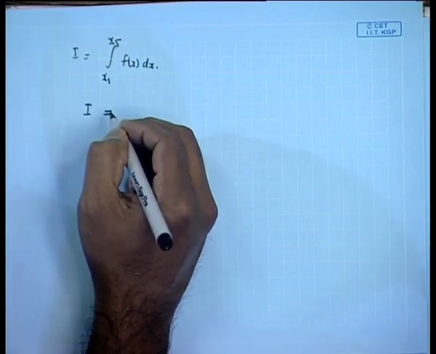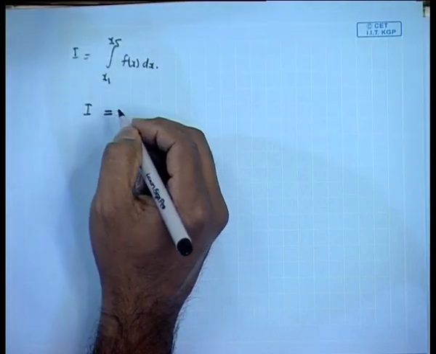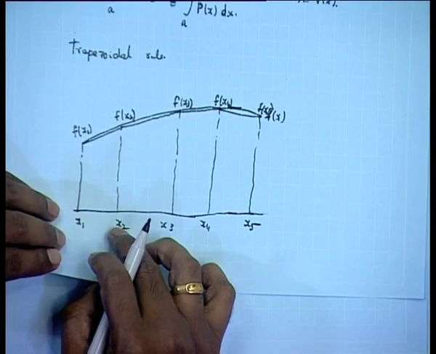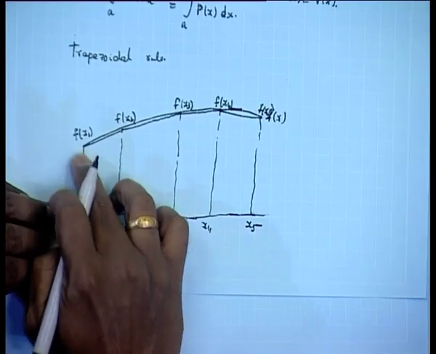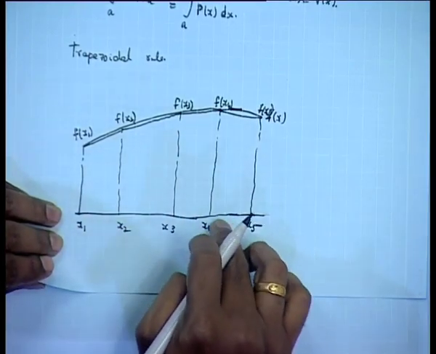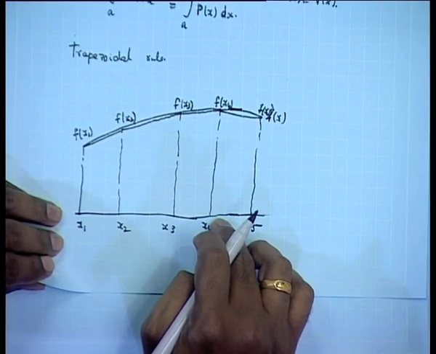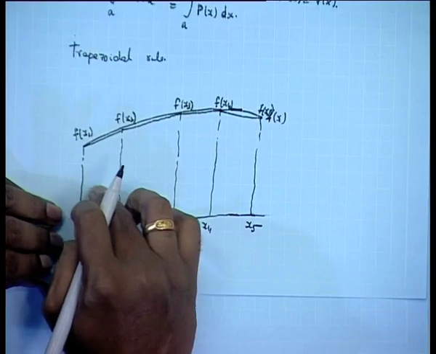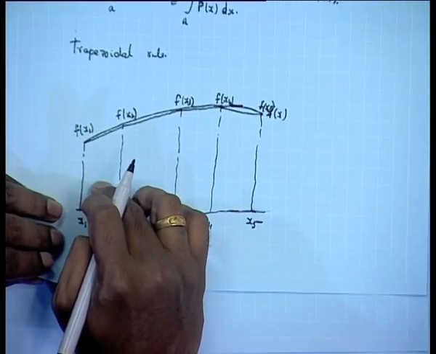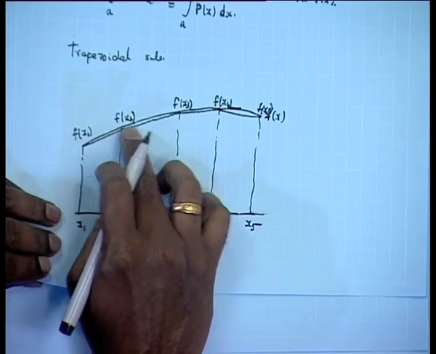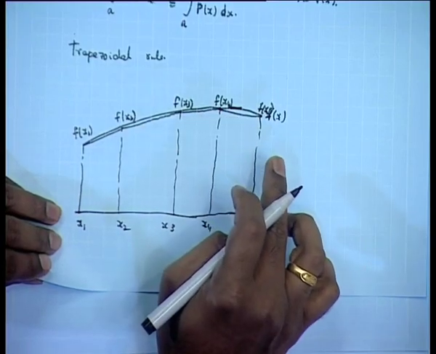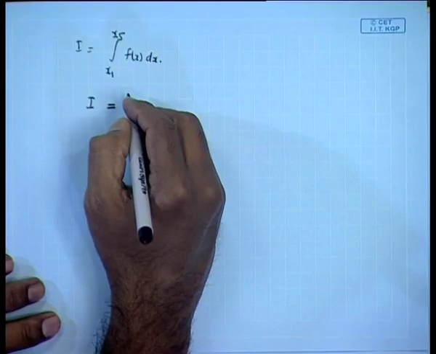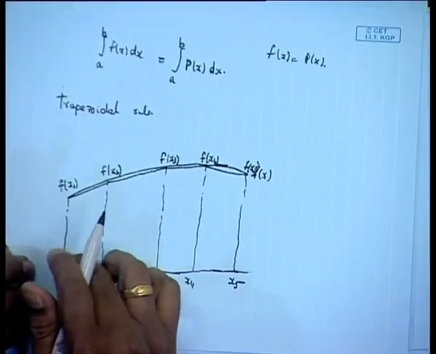We know that the integral is always given by the area under the curve. So, what we want is the area under this curve. As I said before, we have replaced f of x by these straight lines, and therefore we can say that I is equal to the area under this curve.